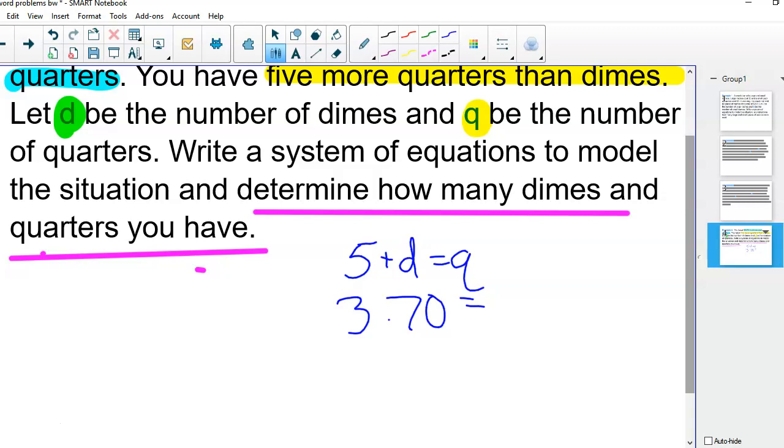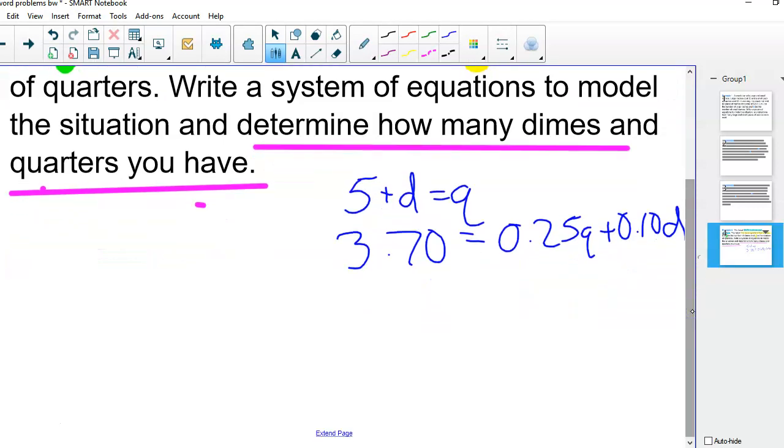What is missing? The unknown is the amount. So the quarter will be 0.25 and the dime will be 0.10. So every time we have coins, we need to include their amounts, what they're worth.